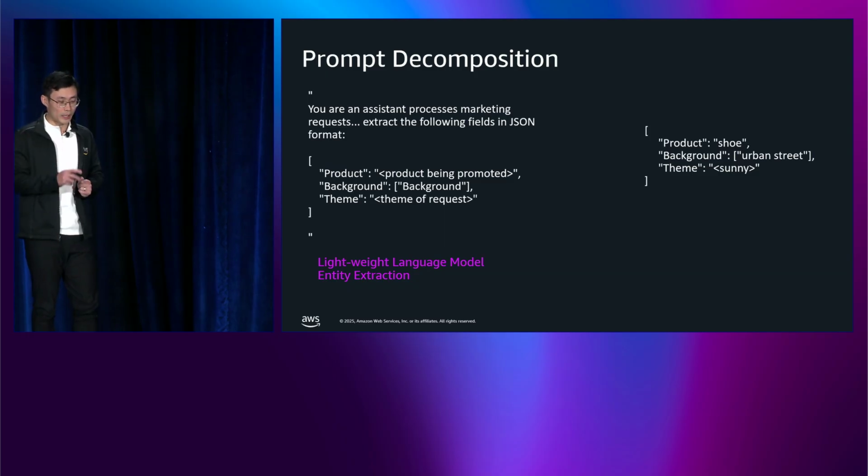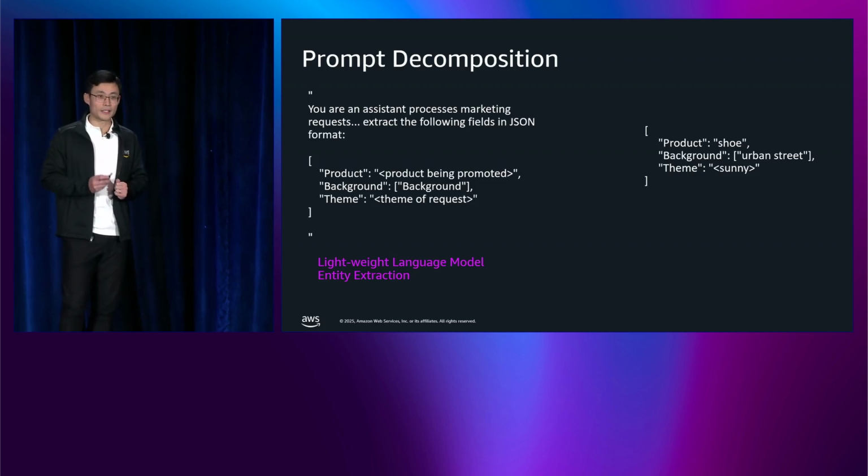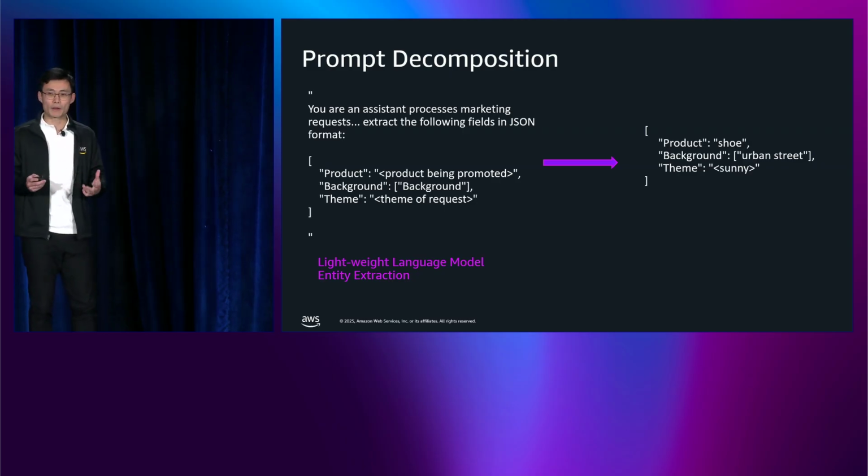Now with this prompt decomposition, we extract these entities just using a lightweight large language model that you can prompt, saying, hey, you are an assistant that processes these. These are the entities I'm interested in extracting. And the modern large language models, even the lightweight ones, are powerful enough that they can do this job very robustly and reliably for you.